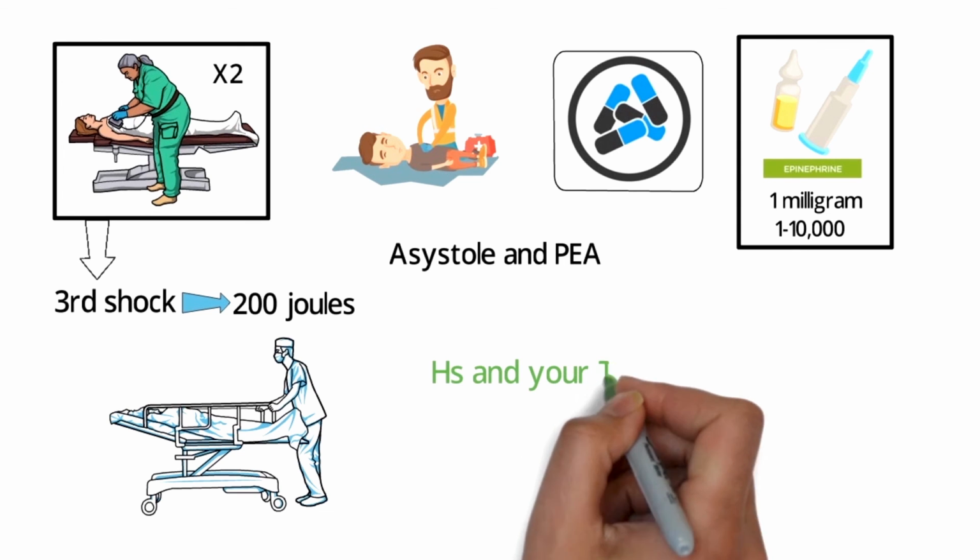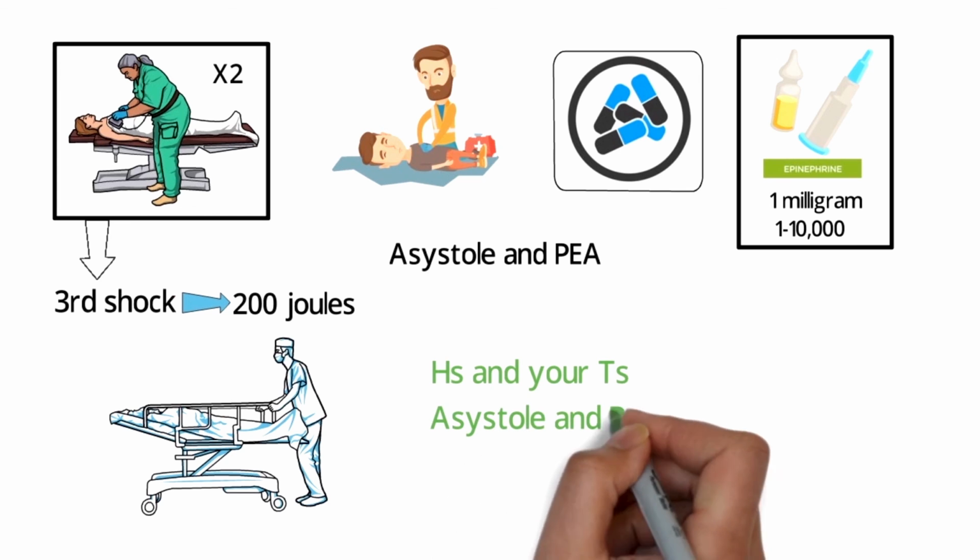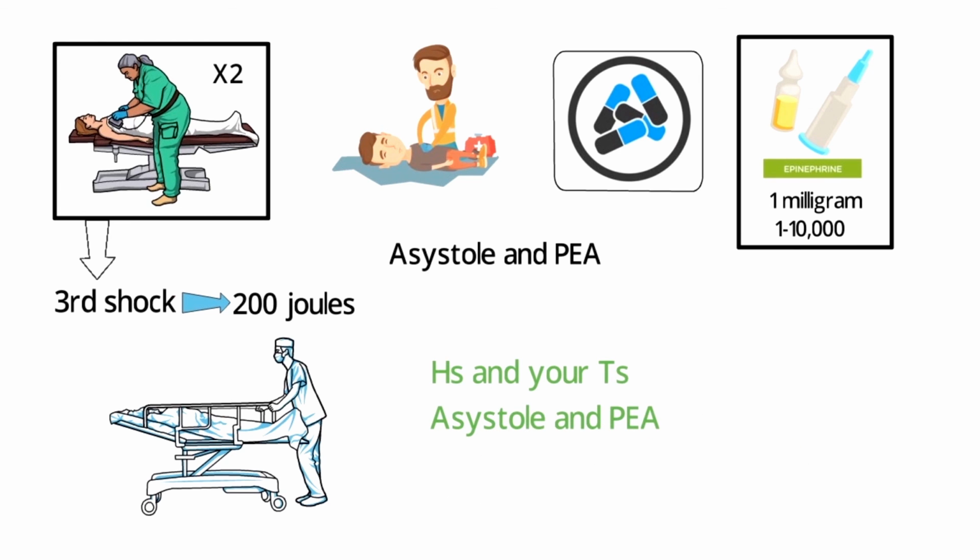All right, so with this algorithm, again, still dead patient algorithm, so you still need to consider your H's and your T's. These rhythms have a higher survivability than asystole and PEA, right? The patient has nothing happening in the heart with asystole and PEA, and they have very, very, very poor outcomes. So that is why it is very much stressed to start considering your reversible causes, which are your H's and your T's.